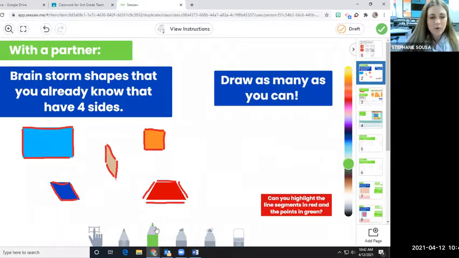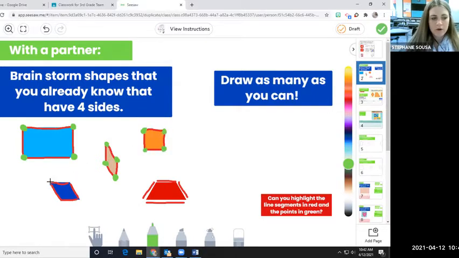Let's take a look at points. Points are exact locations on planes. Remember, not a plane like an airplane, but a flat space. Your screen is flat. Points are going to be where the two line segments meet. Those points are going to be their end points. So on what we used to call the corners, we will now, because we are growing as learners, call them points.